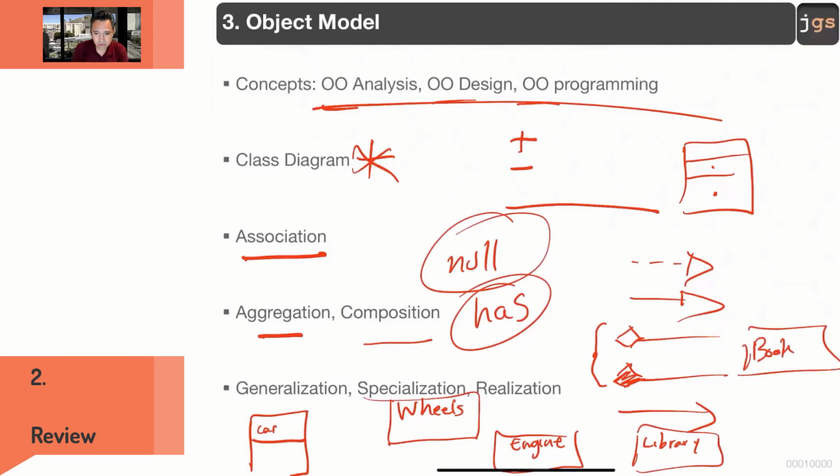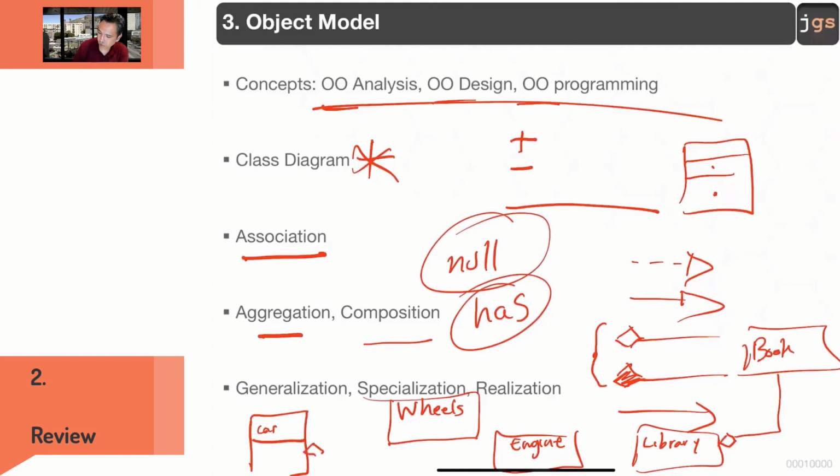And we agreed that library is connected with book. Something that we review is where the diamond should be. The diamond is in the class that is the most important, the one that is the owner of things. So the library is the owner of the book. The library is the one that is handling the book.